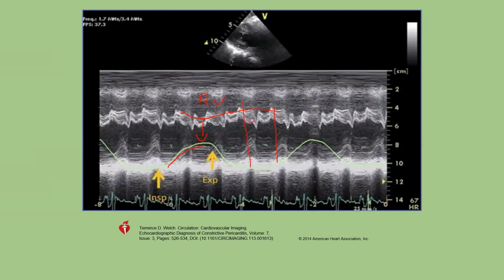You see this? Every single beat. But the septal bounce is seen respirophasic, like this. So the septal excursion in constriction has two types: septal bounce, which is more common, and septal shutter.